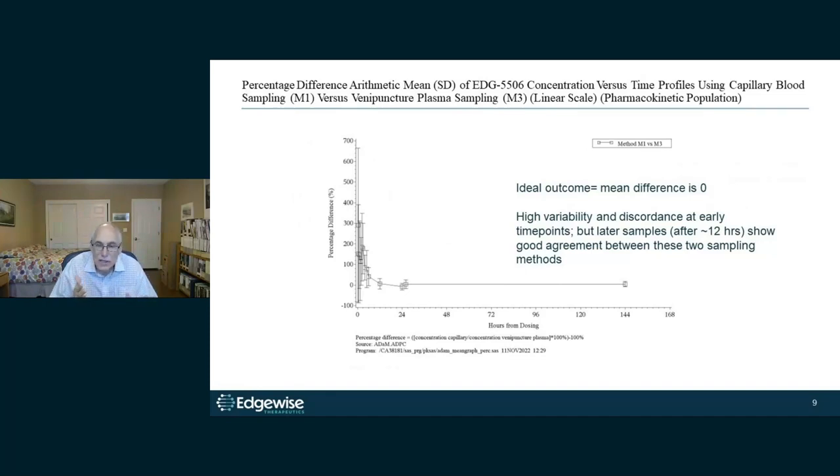I'll call it the first 6 to 12 hours, after which there was almost complete agreement between plasma and Tasso. And so we needed to understand a little bit more about this variability, whether it's due to the technology or due to physiology.